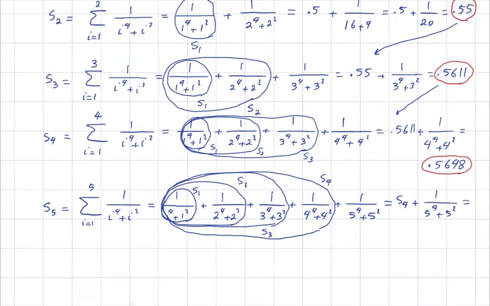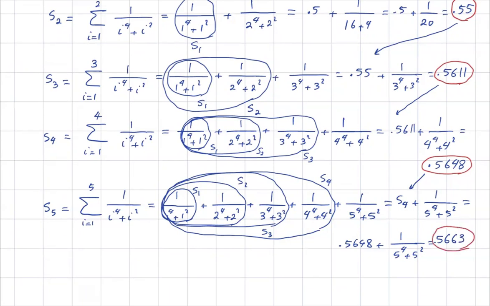S sub 4, you already know, is 0.5648 plus this fraction, 1 divided by 5 to the 4th plus 5 squared. Let me use my calculator to see what S5 is. It's about 0.5663. Very good.